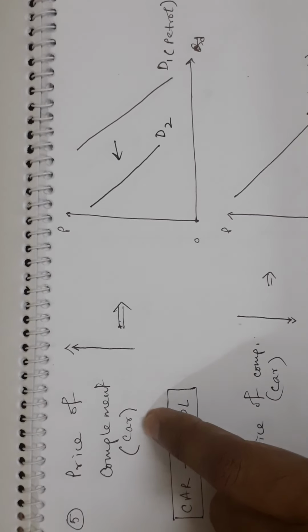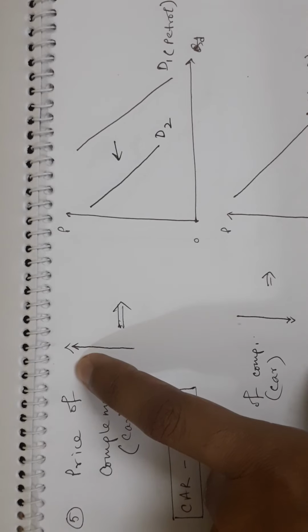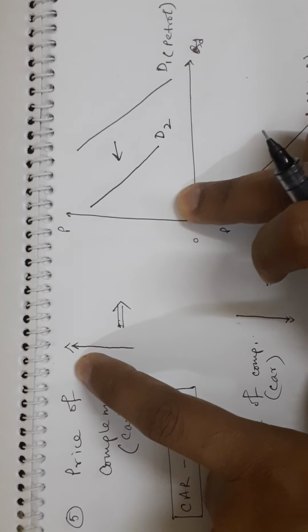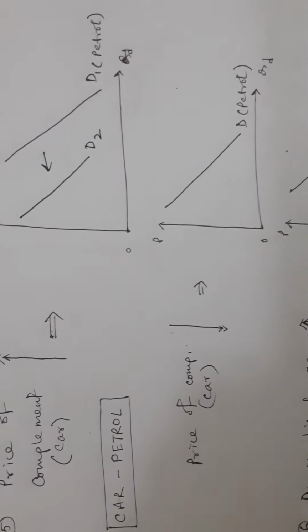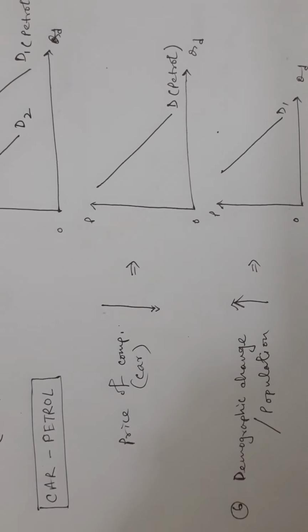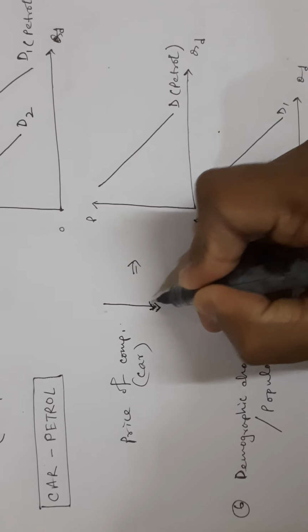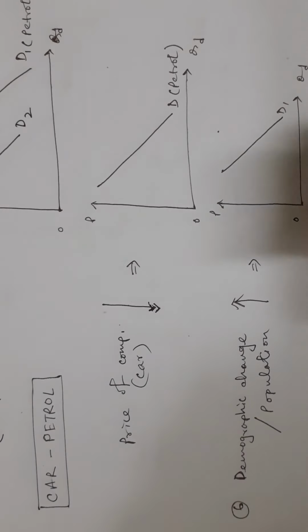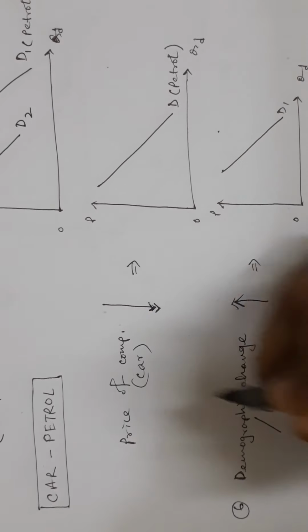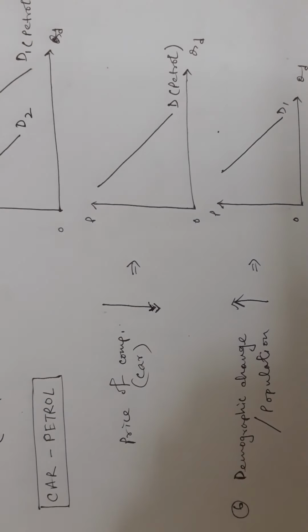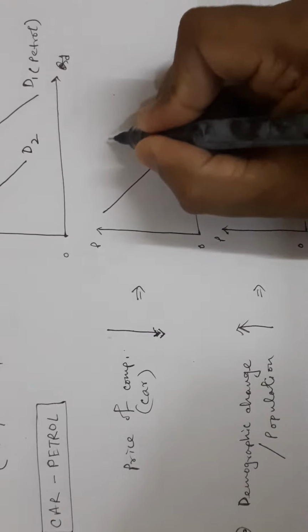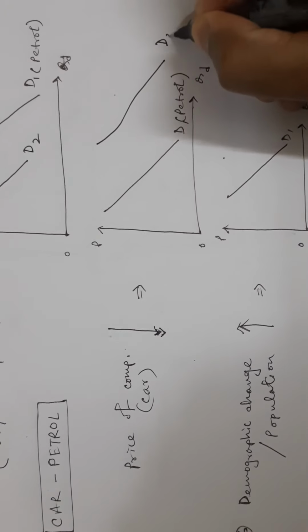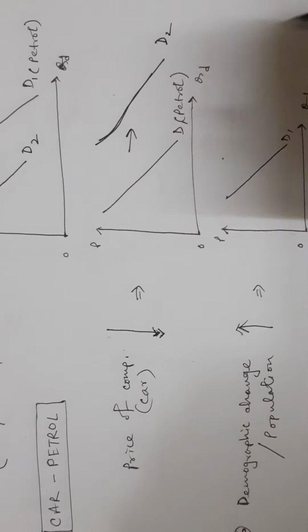When the price of car rises, demand for petrol falls, and the demand curve shifts to the left. Now, the opposite case is when the price of car falls and becomes cheaper. People will buy more cars and they will need more petrol. Demand for petrol in this case will rise, and the demand curve will shift to the right from D1 to D2.